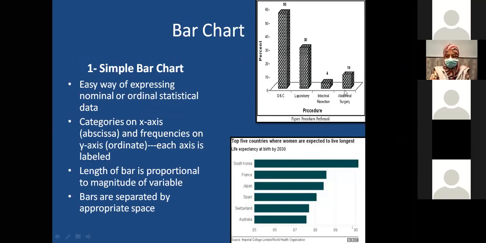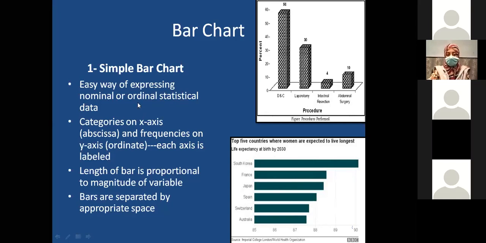On the x-axis you have the types of interventions. So you have DNC, laparotomy, intestinal resection, abdominal surgeries. Okay, so this is very clear, and the height of each bar shows you the frequency, the percentage of these procedures that occurred.